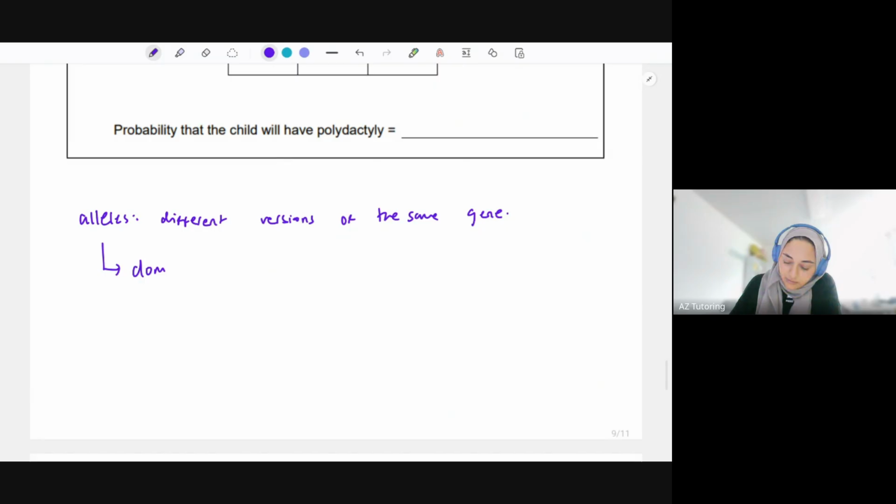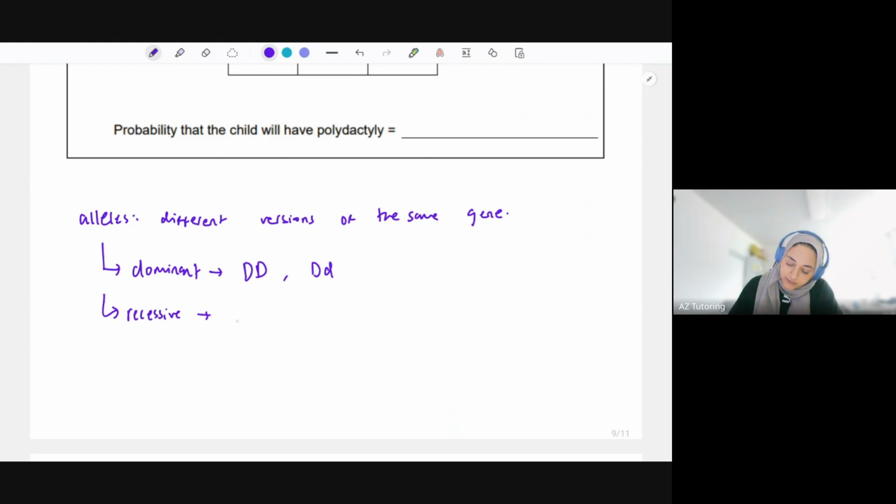We could have dominant, we could have recessive. Now, dominant is represented by the capital letter, recessive is represented by the smaller letter. For recessive, you need to have both small letters, and we represent every allele with 2 letters. So, for example, dominant could be capital D, capital D, because one comes from your mum, one comes from your dad. Or we could have capital D, small d. So these are both dominant.